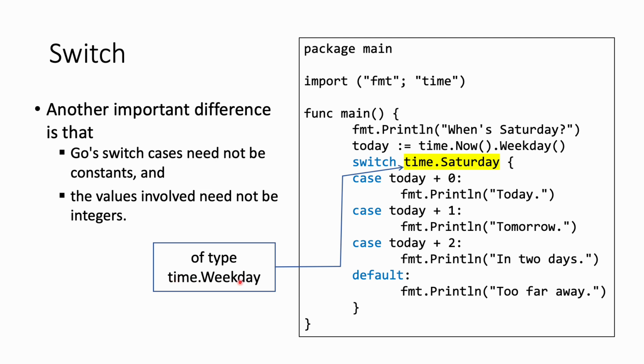In fact, time.Weekday is an alias of integer, but it's treated as a different type. So you can still add an integer to a weekday value, but this integer is understood as a weekday. So the value here is of type time.Weekday instead of an integer.